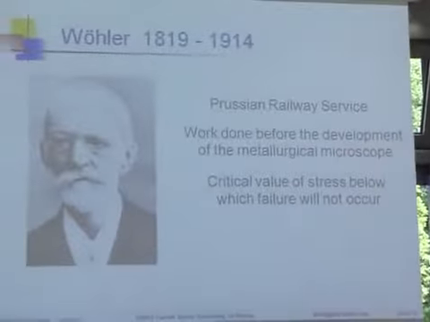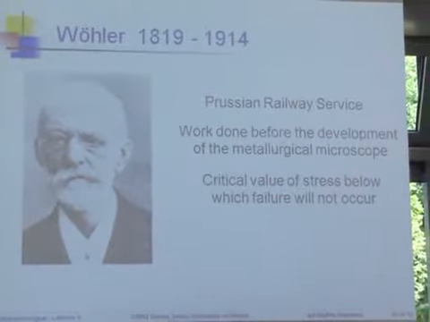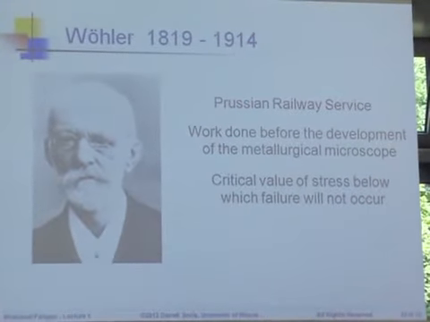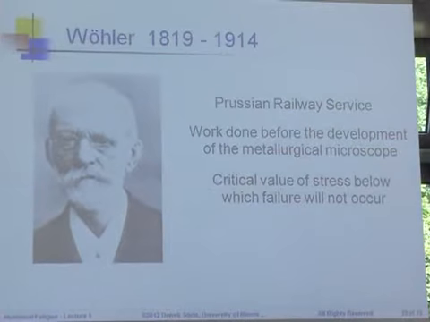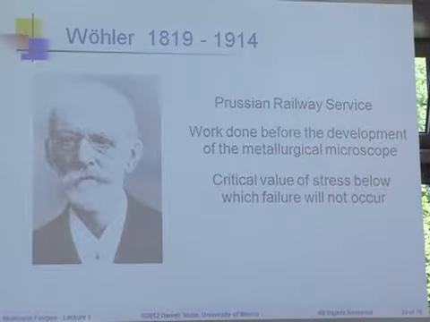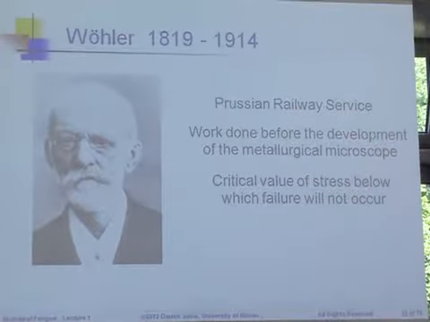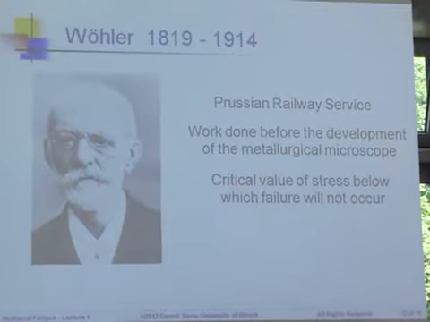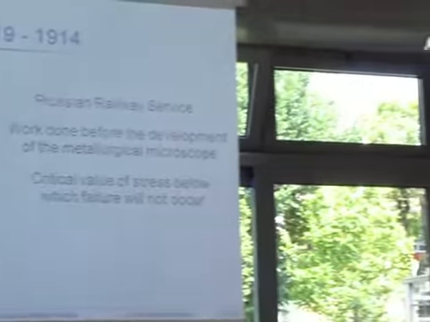The next part of all of this is Wohler, German. He worked for the railway, and his work was all done before the advent of the microscope, so he could never see what happened. And he searched for a critical value below which failure would not occur.